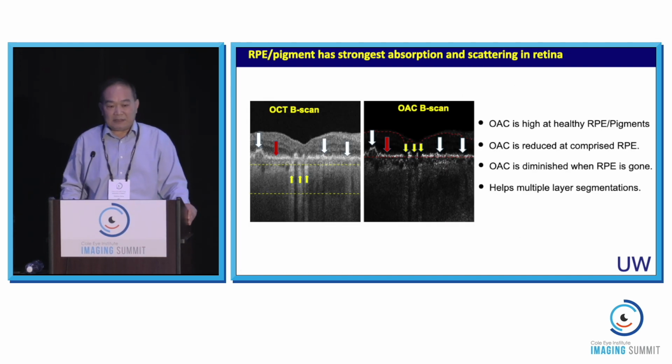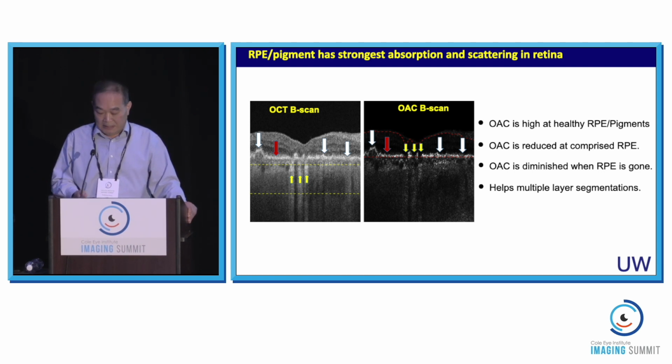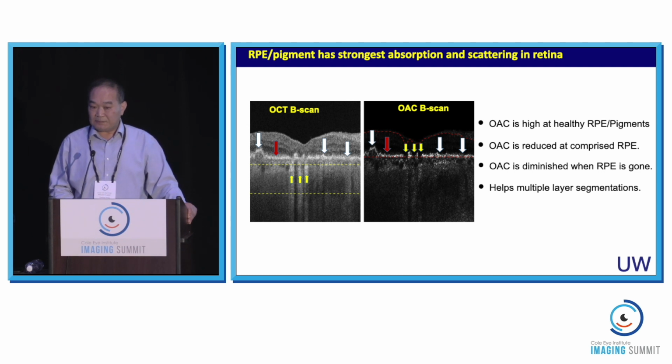And so what the OAC looks like, this is a side-by-side comparison of the original OCT B scans and the OAC B scan. Because the RPE complex is highly scattering in physics, in the healthy RPE or pigment complex, the OAC value is high. And when the RPE complex is compromised, the OAC value will be reduced.